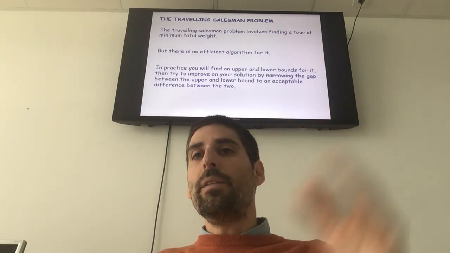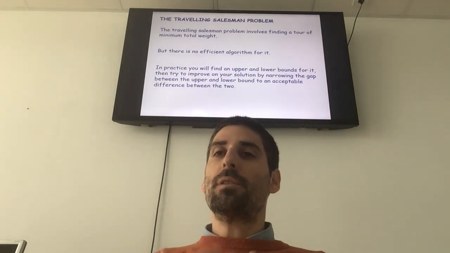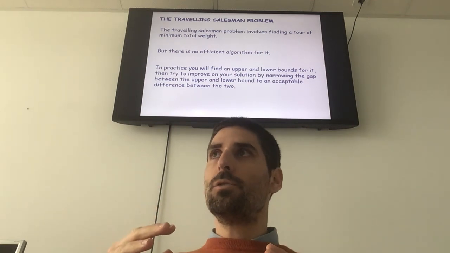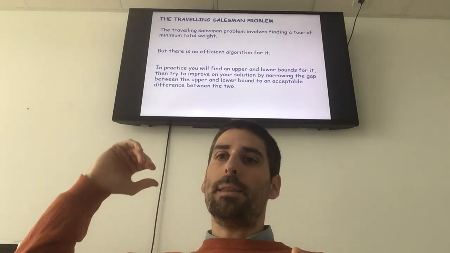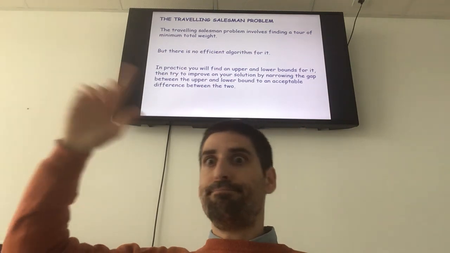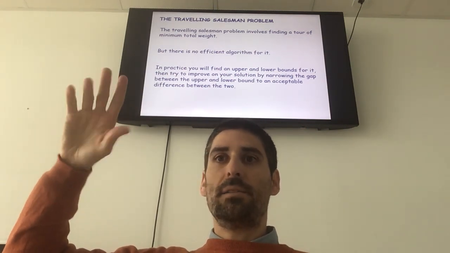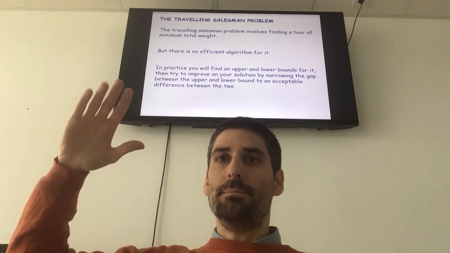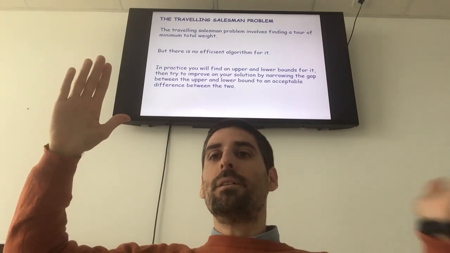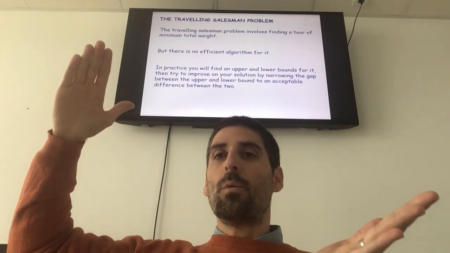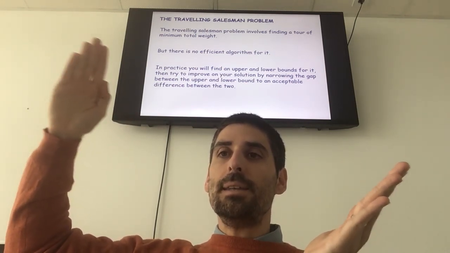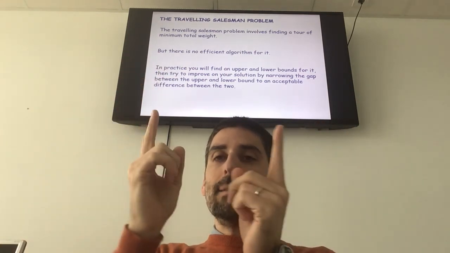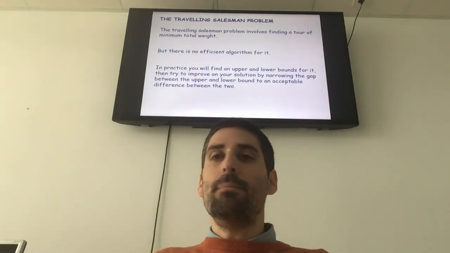Remember, there is no algorithm to find an optimal solution to the travelling salesman problem, so what's going to happen is that you're going to find an upper bound for the total weight, distance or time of the problem. You're going to find a lower bound, and what you're going to try to do is to then narrow the gap between the upper bound and the lower bound until you get to a gap that you deem acceptable.